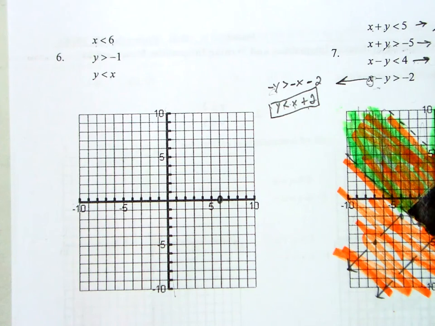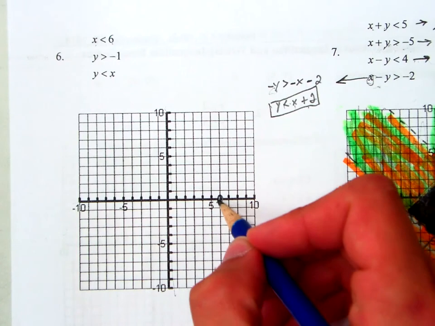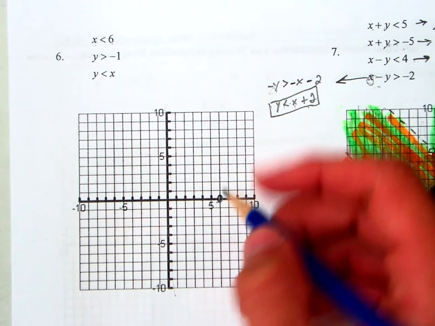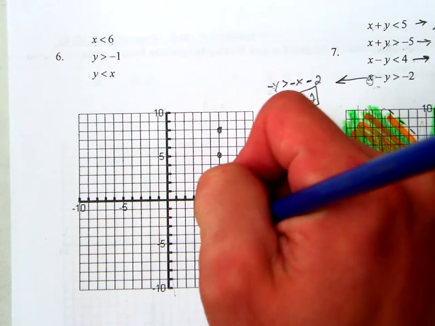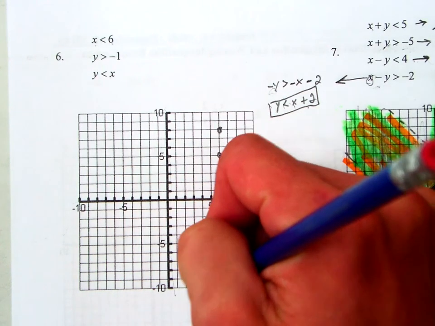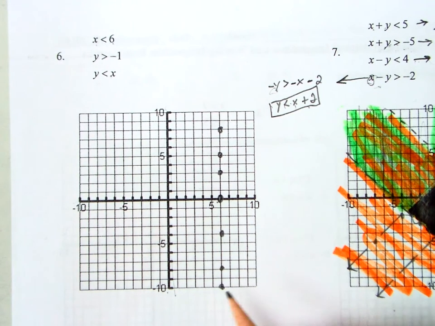And then, for the people that memorize things, this is the question I like to ask them. Where else does x equal 6? So yes, x equals 6 there. There's other places that x equals 6. Right here. Right here. Anywhere on this thing, x equals 6. So for example, right here, x equals 6. Y might equal -10, but x still equals 6.